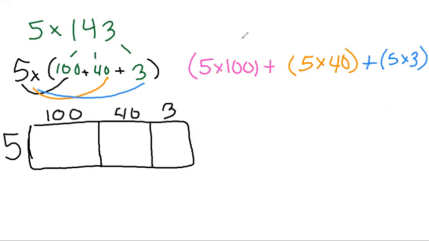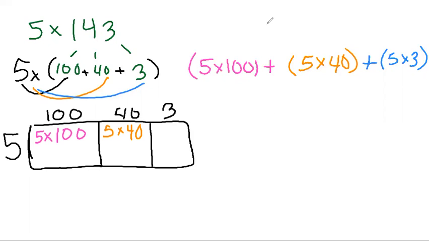Now let's multiply. In the first box, I'm multiplying 5 times 100. In the second box, I'm multiplying your 5 times your 40.